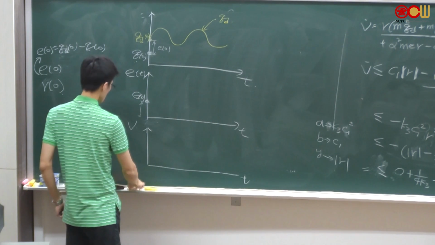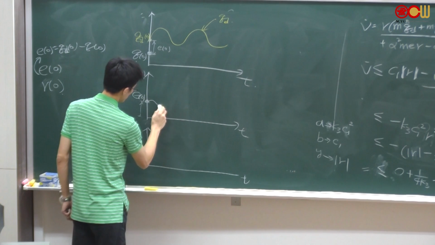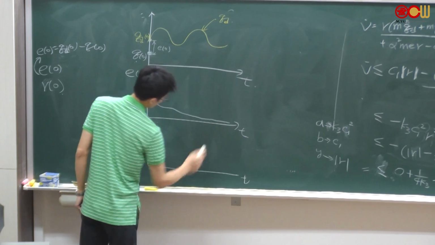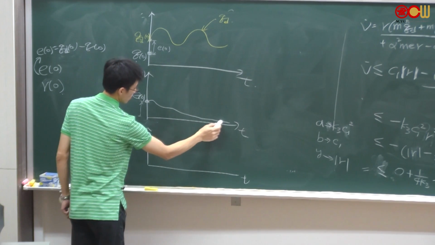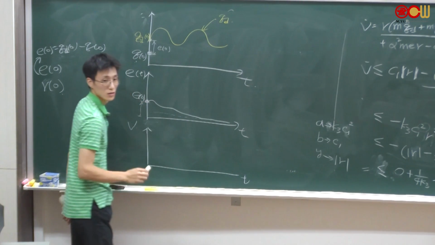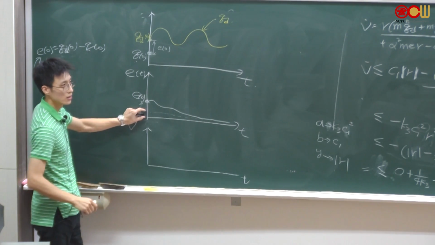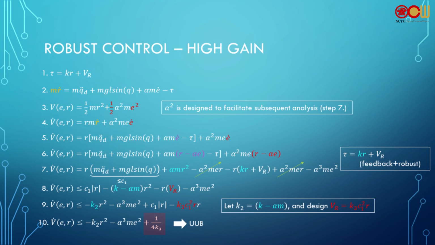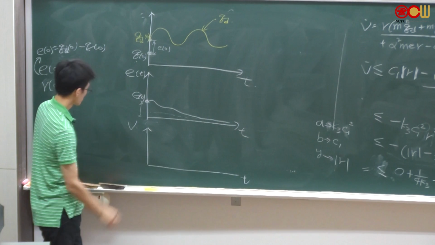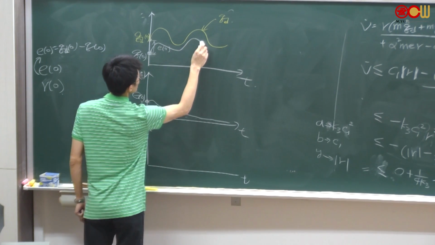It won't increase, it will be bounded. But this bound depends on the selection of K3. If you choose a larger K3, this error will be smaller, and you will track this trajectory, trying to track this trajectory.